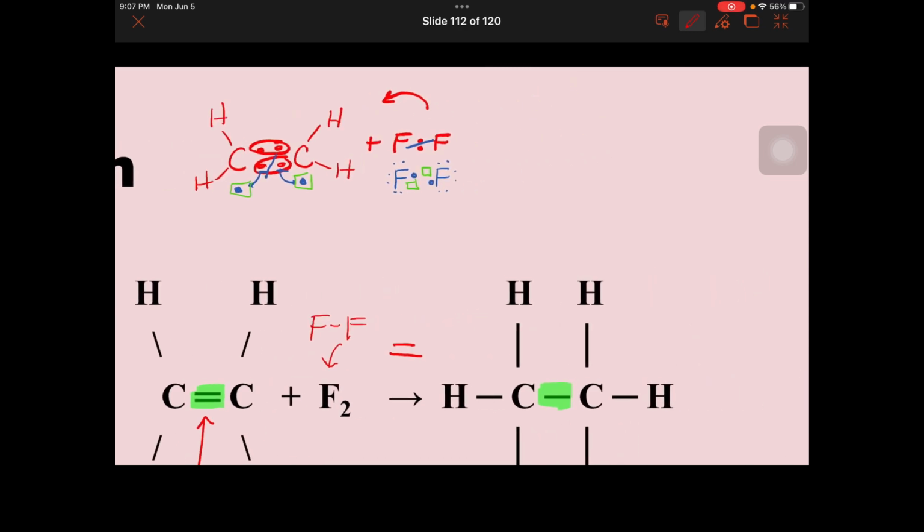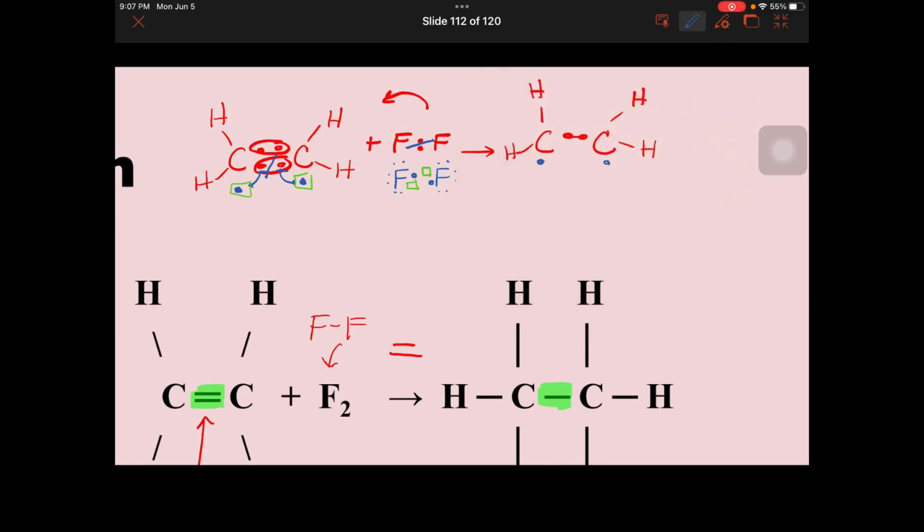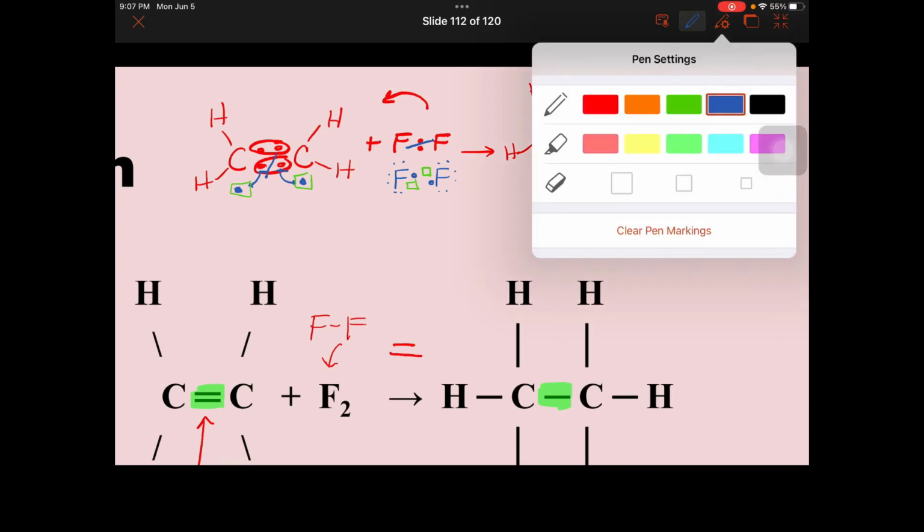So what I end up having on the product side, all of my original stuff is going to be in red. So here's my carbons. Now they only have a single bond. There's my hydrogens that were originally present in the molecule. That's not changing. Then I have those extra electrons that were made available when that second bond broke.